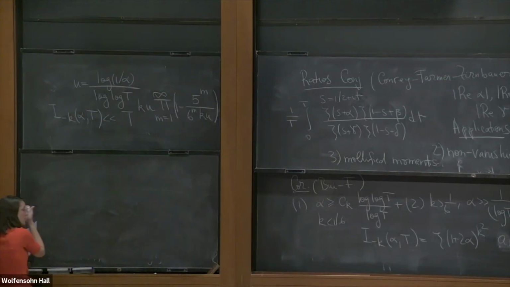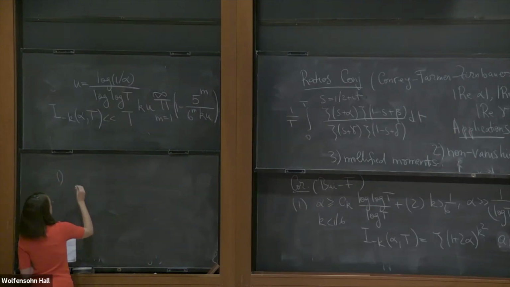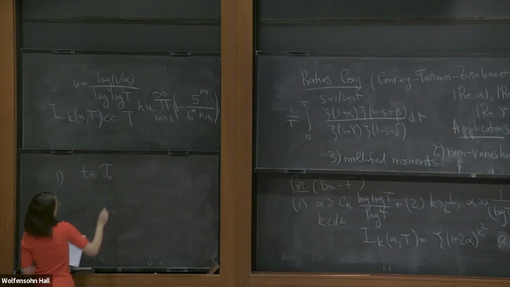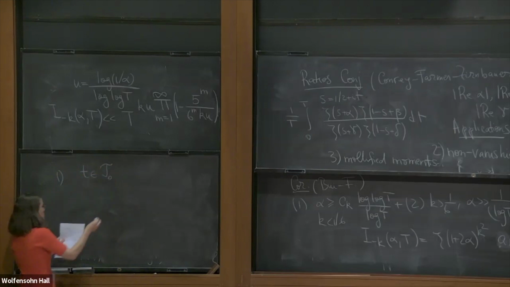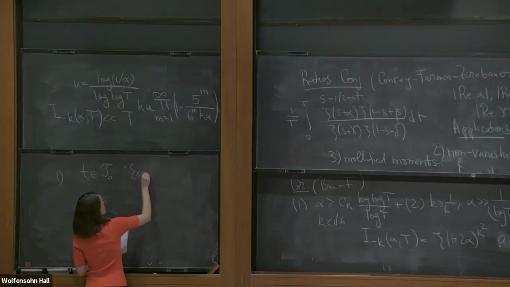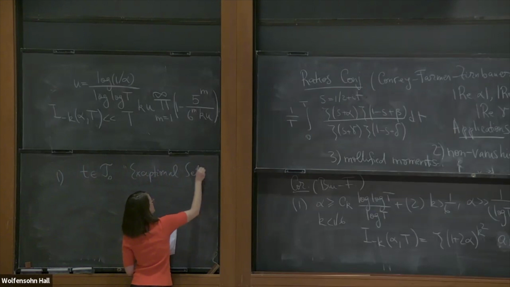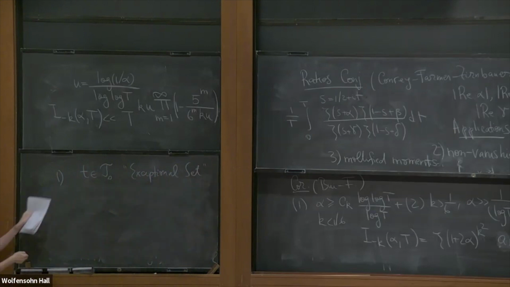And then we look at small primes. So we look at points t in this set T naught. This will be an exceptional set. So how is this set defined?